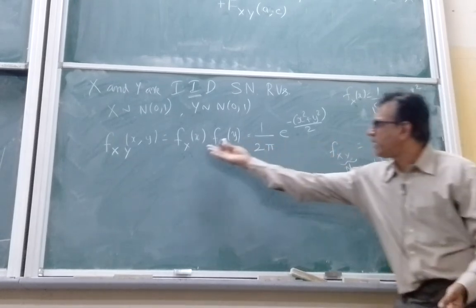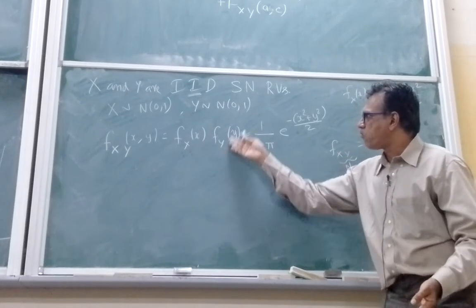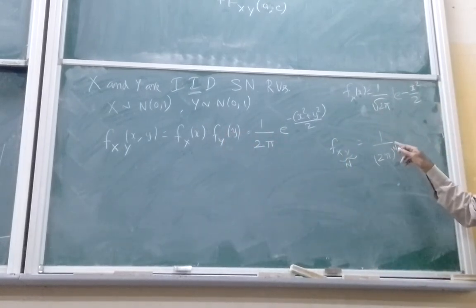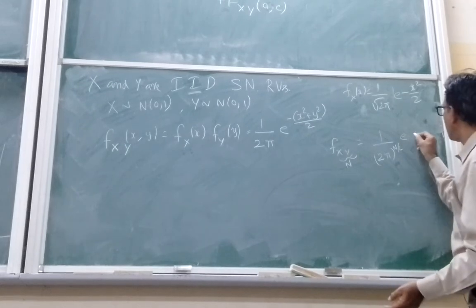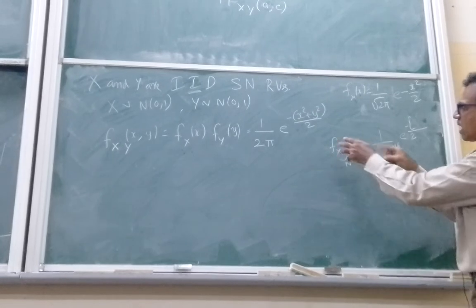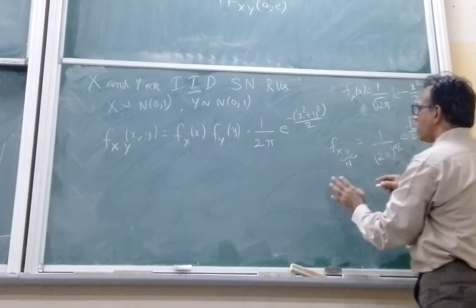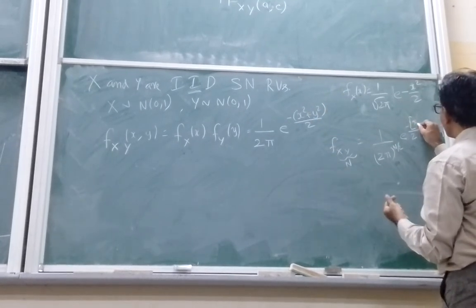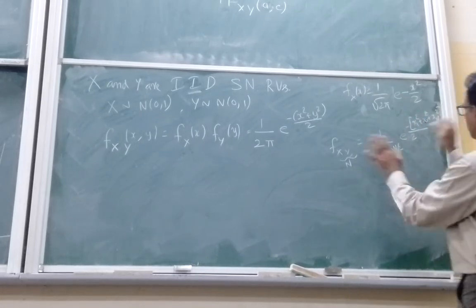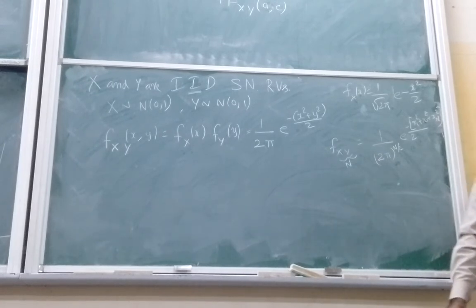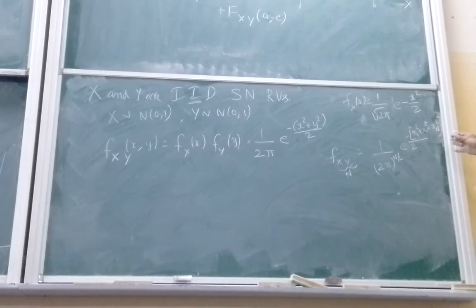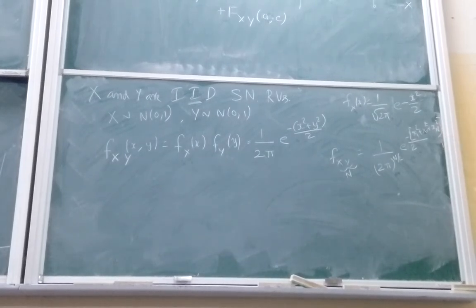All of them you can multiply: f x of x, f y of y, f z of z, and everything. So it is root 2 pi power n, that is 2 pi power n by 2. And here you will have minus 1 by 2, because these are all mean 0, times x1 square plus x2 square plus up to xn square. This is the form of a joint normal distribution where each one is independent and all are standard normal.